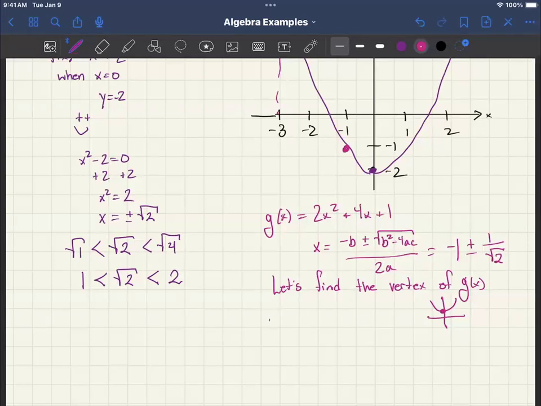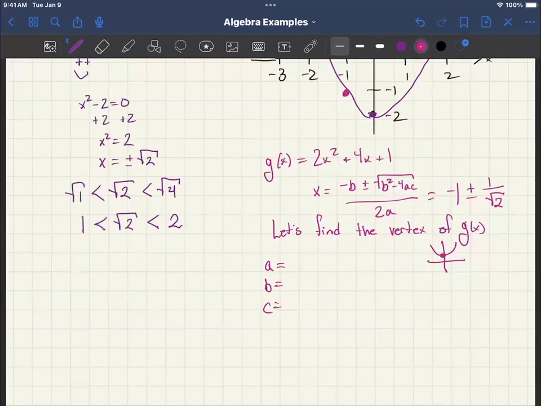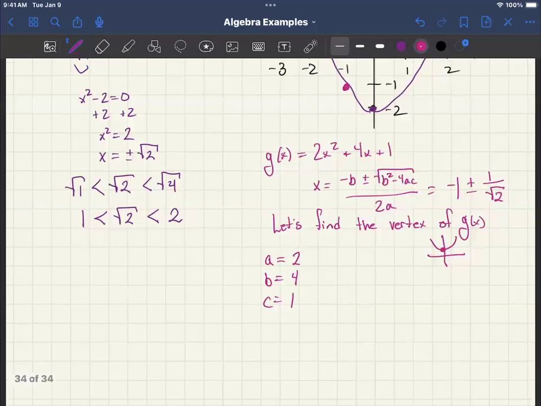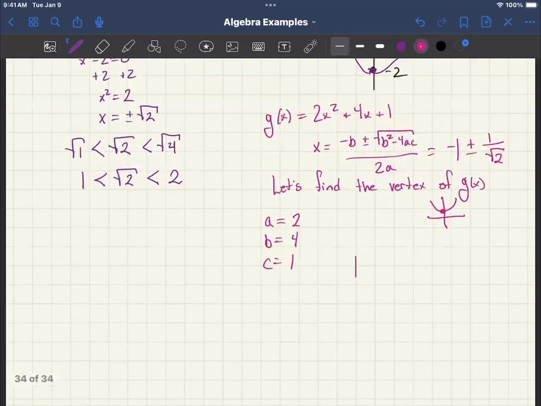So if we're figuring out our h and k, first thing we need to do is figure out what are the coefficients a, b, and c. Our coefficient a is 2, b is 4, and c is 1, and we get them right from our g of x up here. Next up, we plug those into the formula that we have for h and k to figure out our vertex.